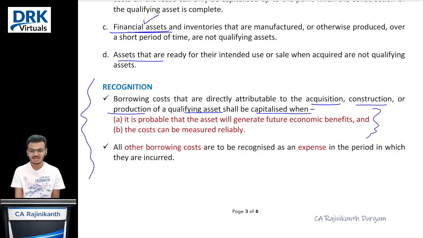What are they? It is probable that the asset will generate future economic benefits and that the qualifying asset cost can be measured reliably. If these two conditions are satisfied, then only we can capitalize that borrowing cost. Otherwise, charge that borrowing cost to profit and loss account as an expense. That is what the standard is saying.